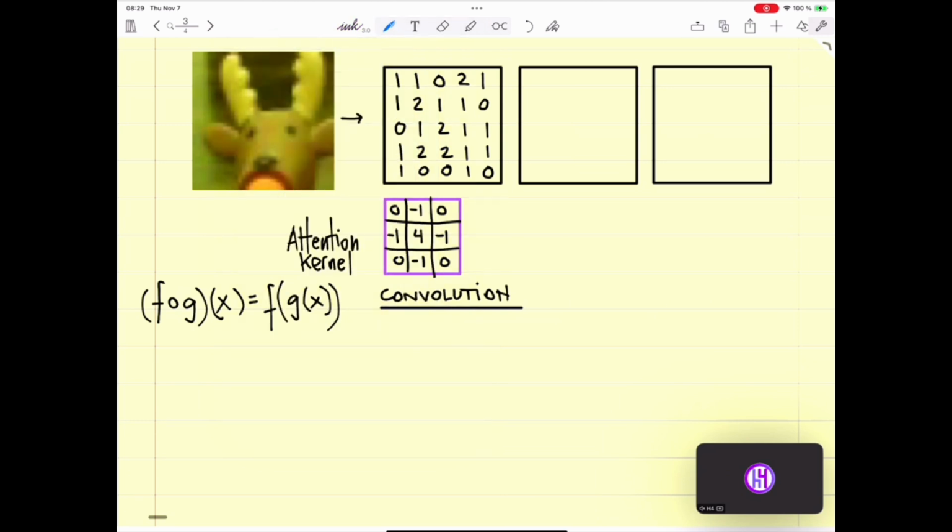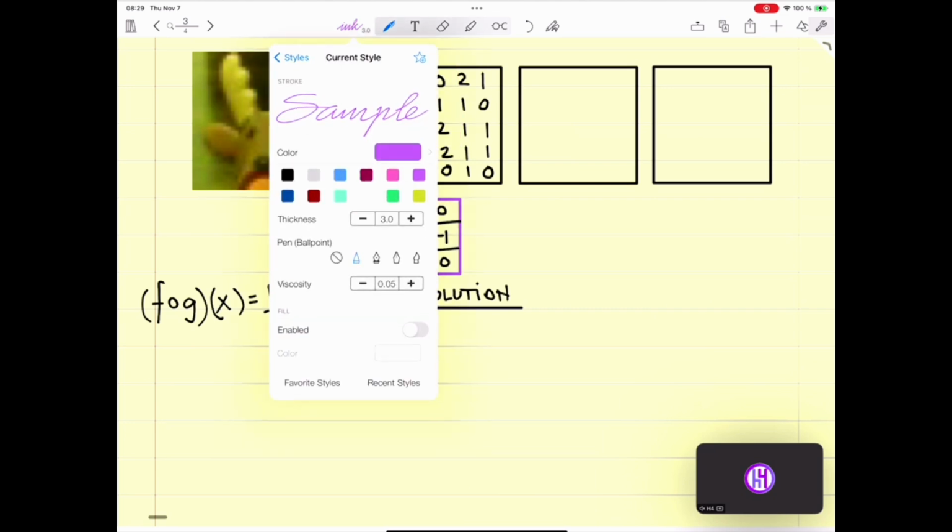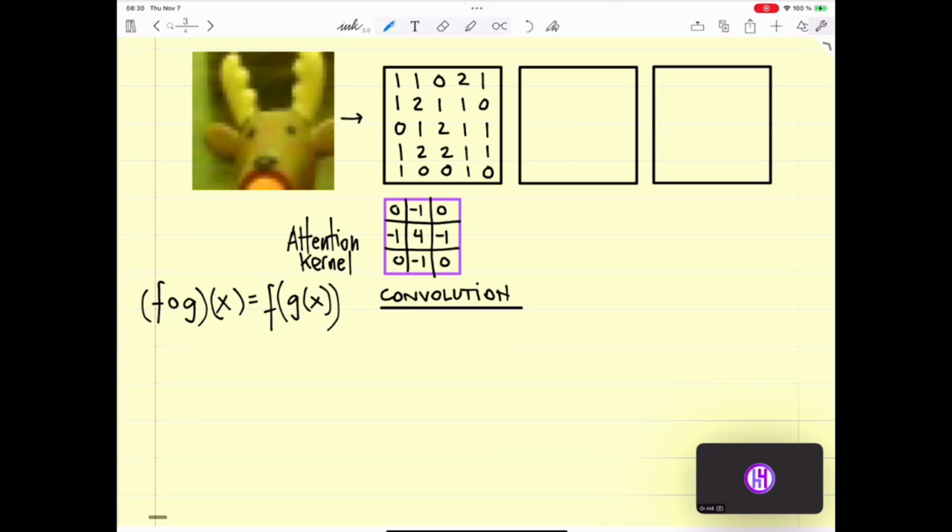So we apply the kernel to the 3x3 now, here. So what do we do? We say 1, 1, 0, 1, 2, 1, 0, 1, 2, convoluted with 0, minus 1, 0, minus 1, 4, minus 1, 0, minus 1, 0.